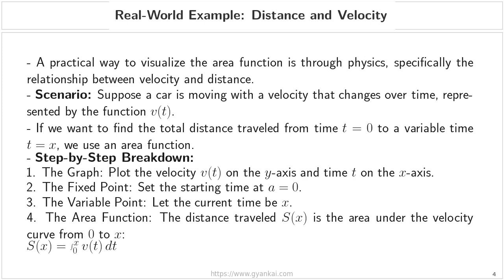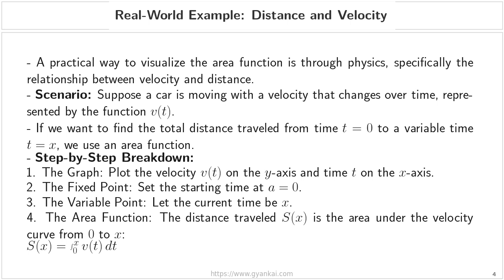Now here's the crucial connection. The total distance traveled, which we'll denote as s(x), is represented by the area under the velocity curve from our starting time of 0 up to the current time x. Mathematically, we express this as the definite integral from 0 to x of v(t) dt. Let me break that down. s(x) represents the distance traveled as a function of time x.